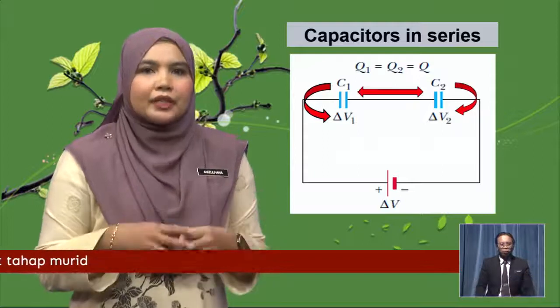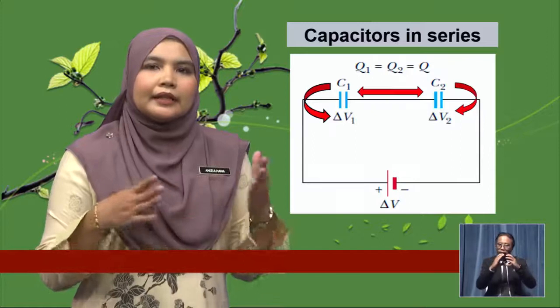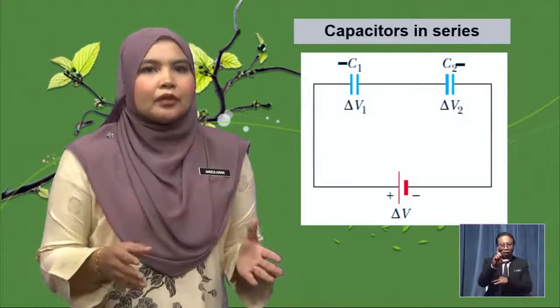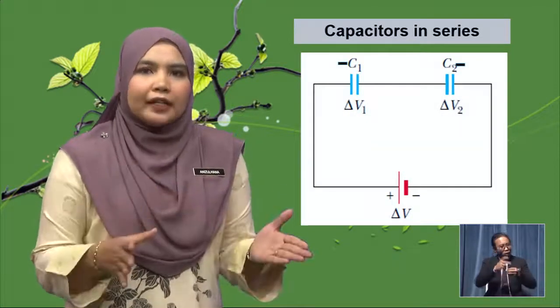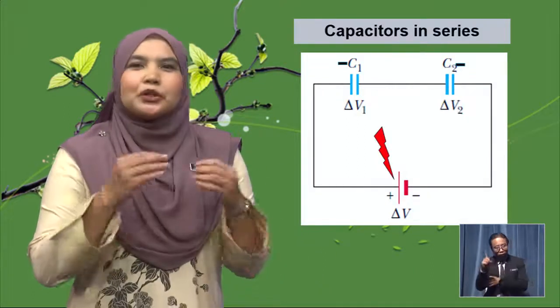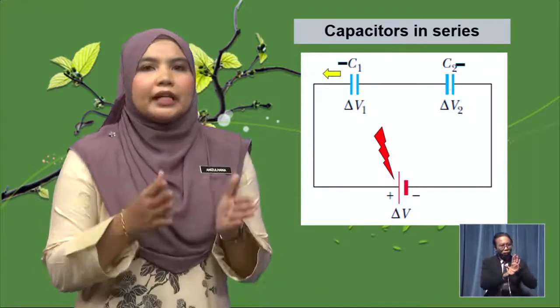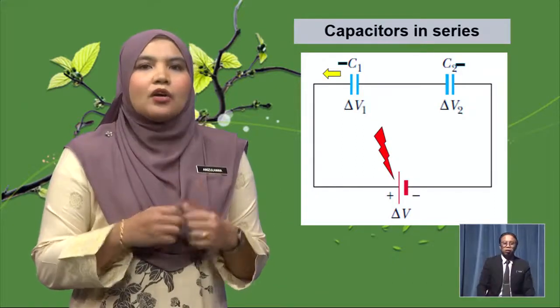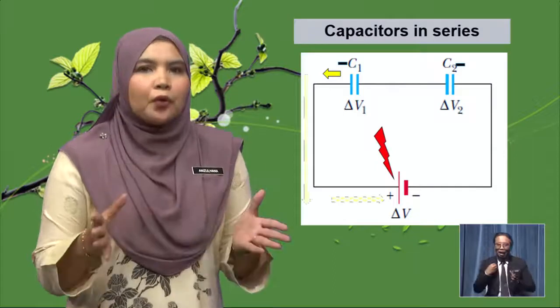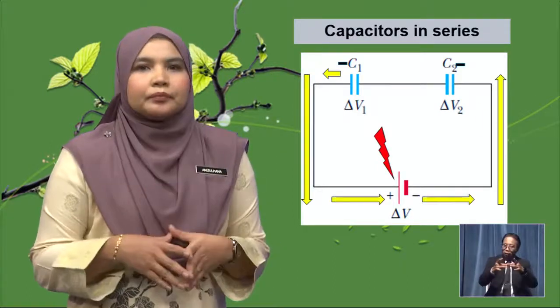When the battery is connected, electrons are drawn out from the left plate of C1 to the positive terminal of the battery and continue to flow to the right plate of C2.